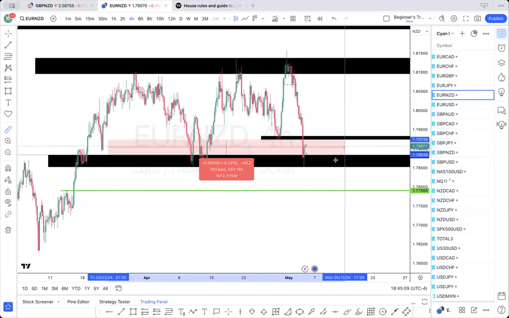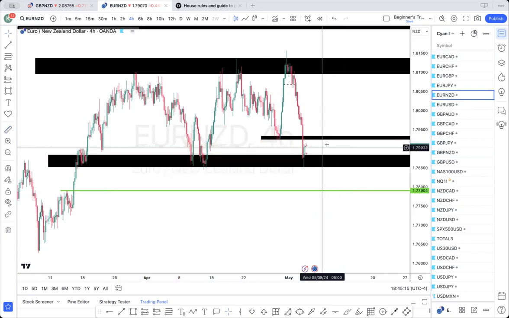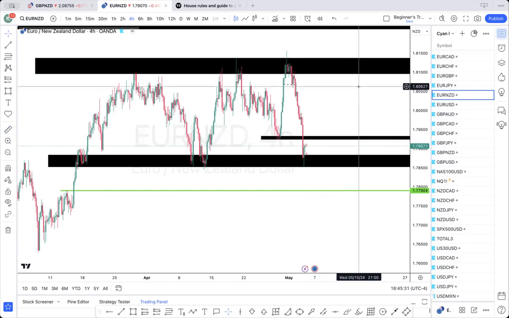However, it could be 132 pips, or it might just bounce here and consolidate until it figures out what it wants to do, based on fundamentals or anything like that. Then it might break out the top, and then you can take it up to the next zone.